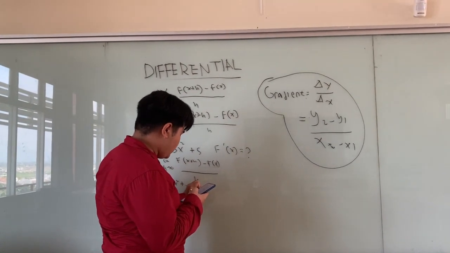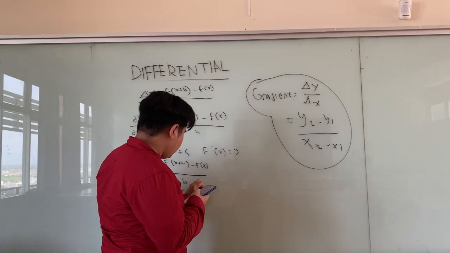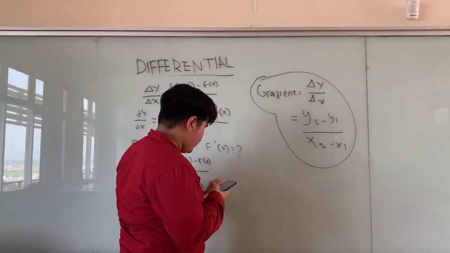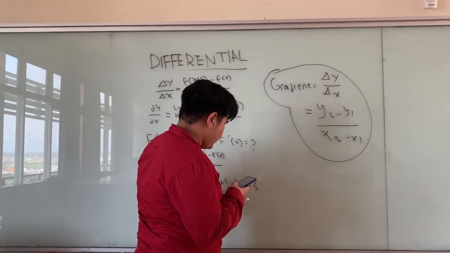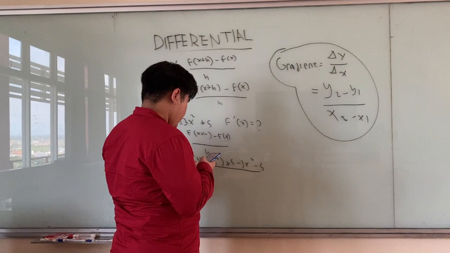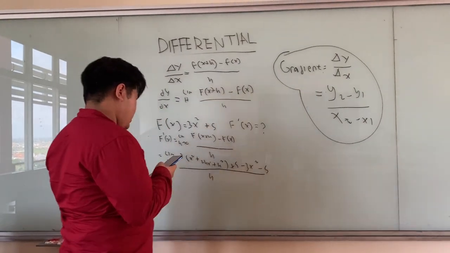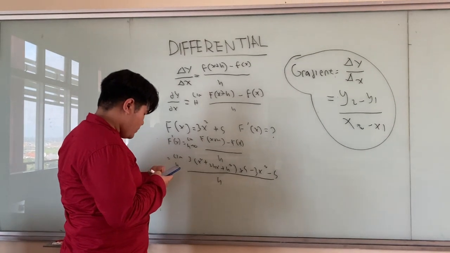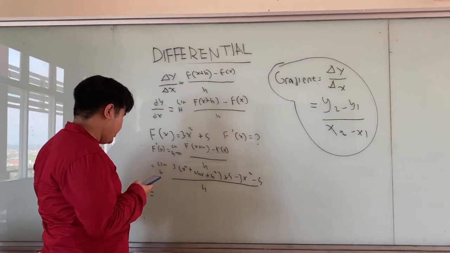Plus h power 2, plus 5 minus 3x power 2 minus 5, per h, and then the next step is to break it down even more.